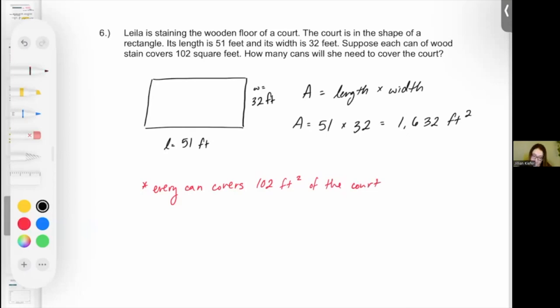So the number of cans she'll need will be equal to the area of the court divided by the area of the stain.